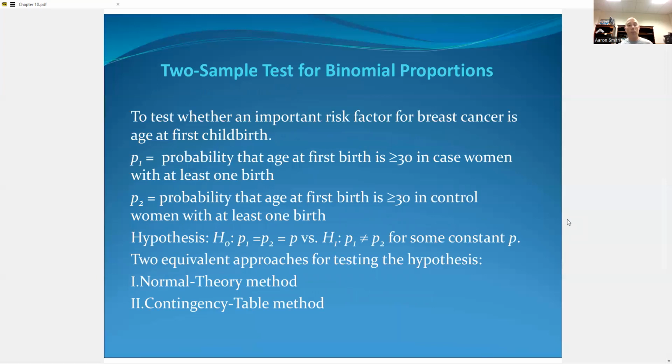I'm going to treat the proportion as being connected to the normal distribution. If I take the number of successes I have and divide by the number of opportunities for success, that gives me a proportion.